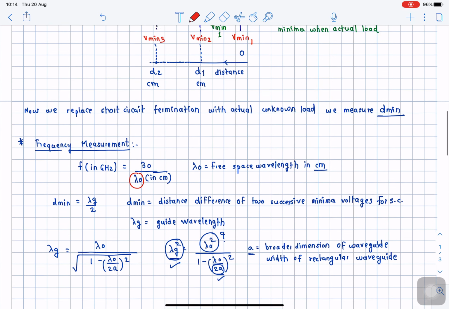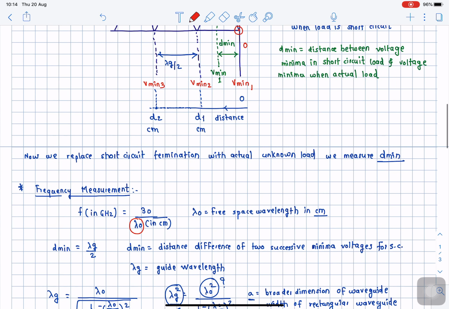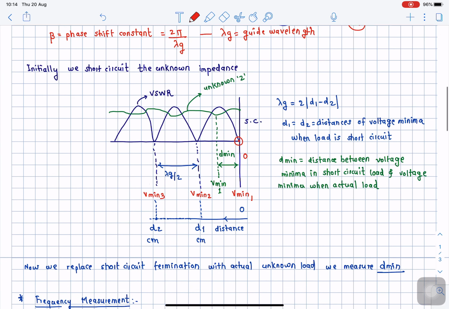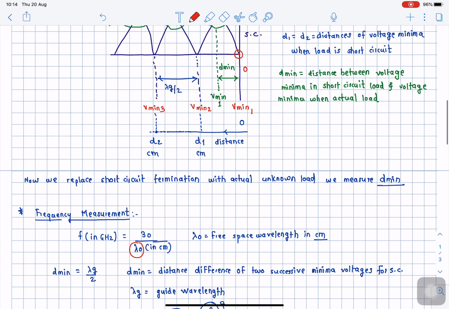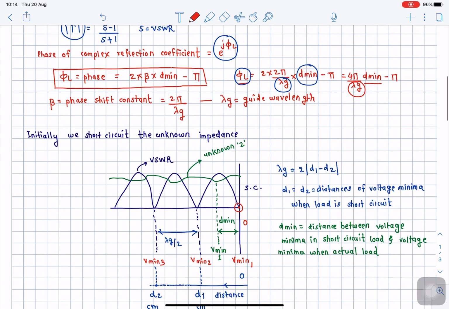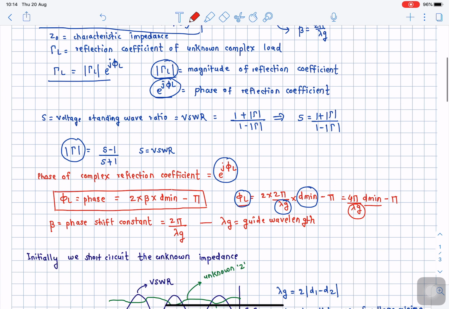I hope you understood these two simple procedures for measuring the unknown impedance and the unknown frequency using microwave techniques. Earlier, we successfully developed a theory to measure the VSWR offered by a particular circuit or transmission line.